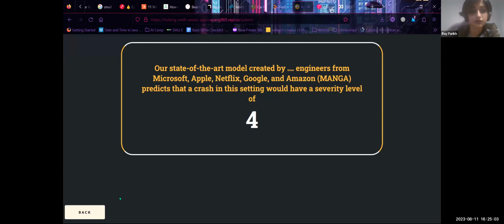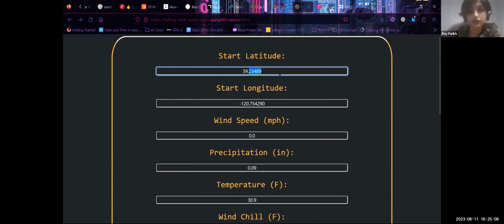So this is severity level 4. And then I'm just going to show you an empty one so you can see severity level 2 come up.